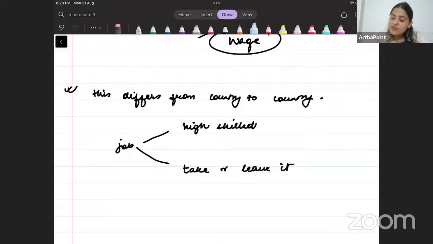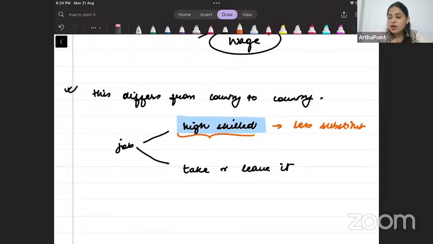So if it is a very high-skilled job, right, which means it requires a lot of your skills to be put into place, then this person will have less substitutes available. इसको कोई easily replace नहीं कर सकता. Like I cannot go ahead and replace Ratan Tata, or I cannot go ahead and replace Mr. Mukesh Ambani, right? It's a very high-skilled job that they are doing.